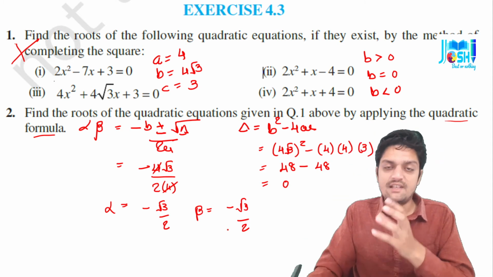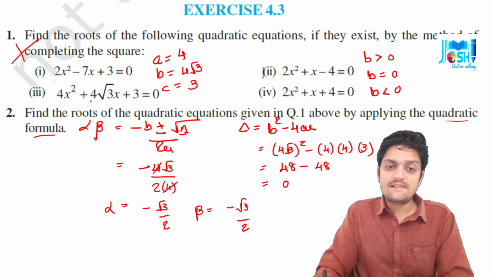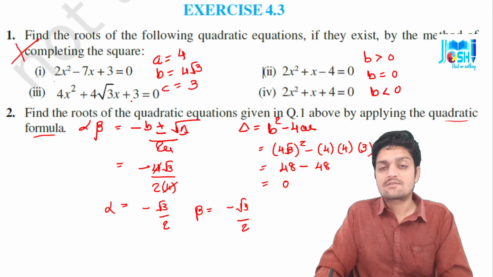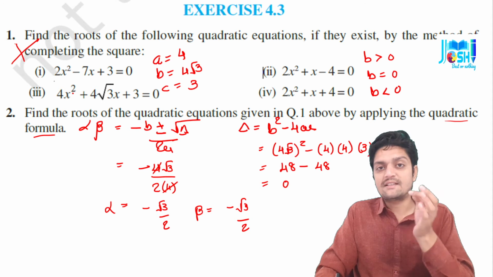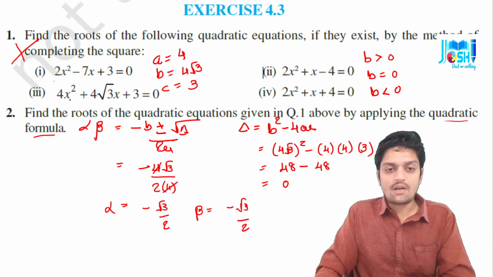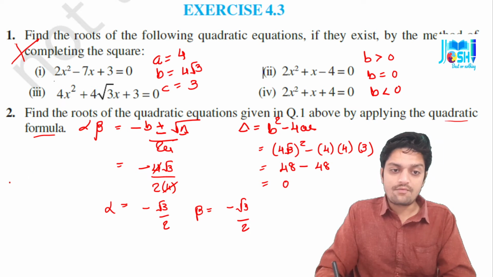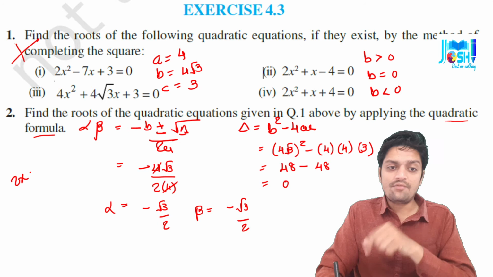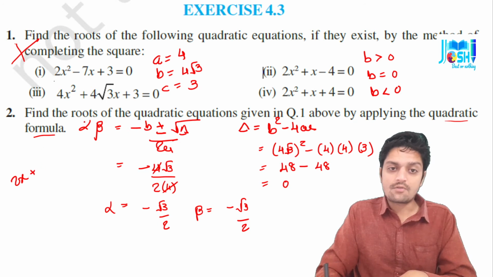And if you see now, this is the a plus b whole square formula, a perfect square expression. If you want to find the factors, then what will come? I have already taught you these things in the previous class, the 9th standard. For 4x square, take the square root of the first term, that is 2x, then the sign of the middle term, and the square root of the third term, that is under root of 3, all squared.